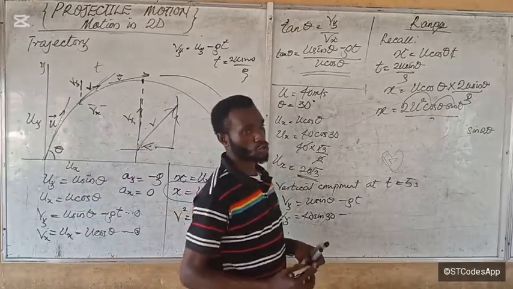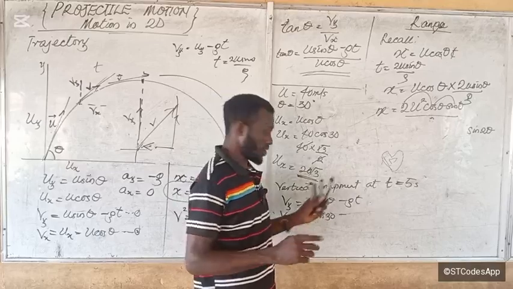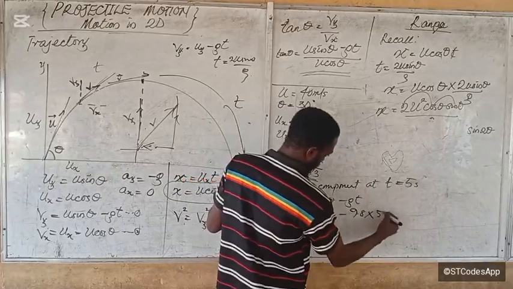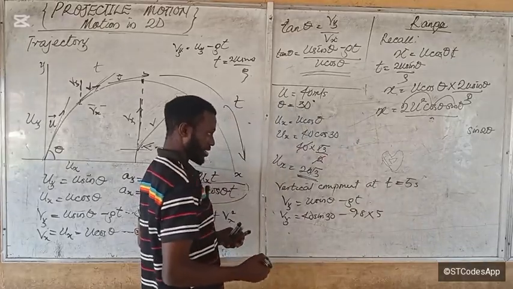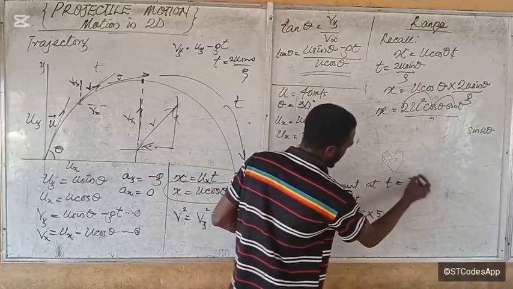If you are not given g, always use 9.8, multiplied by the time, 5 seconds. Let's use 5.